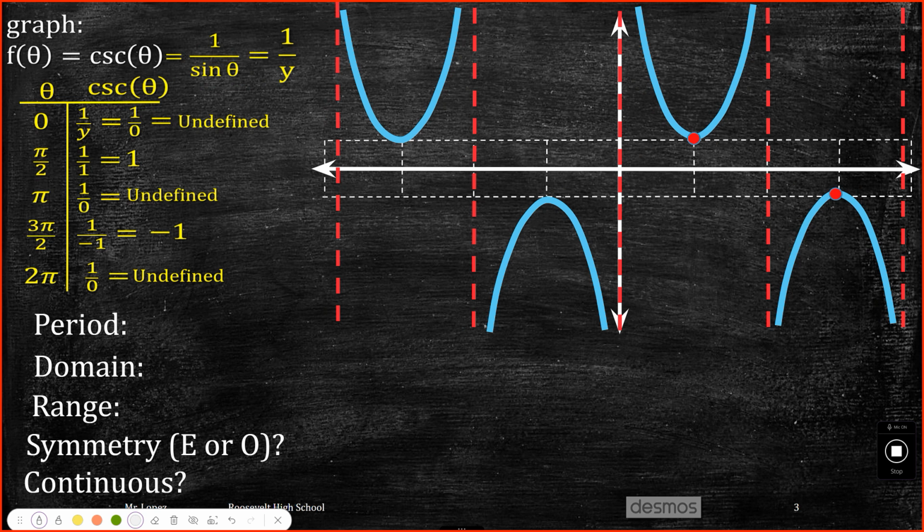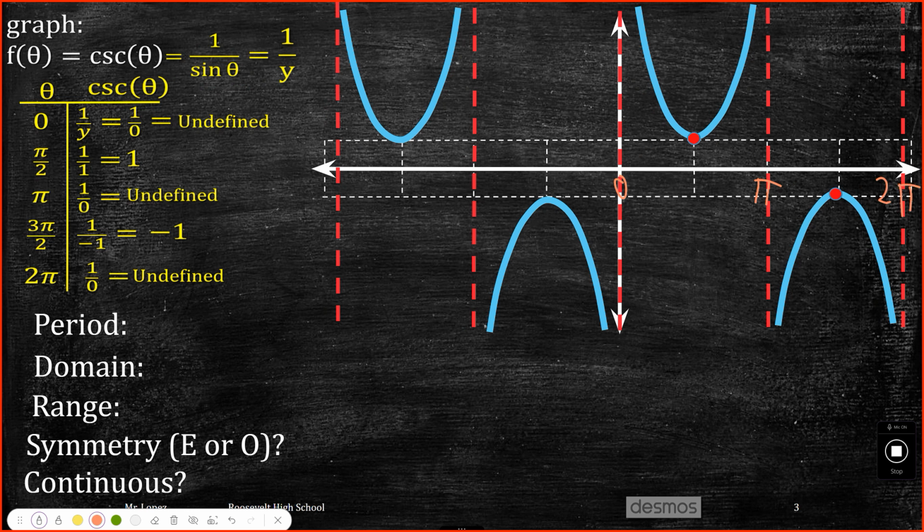What's the period of this function? Look. We already had this is 0, this is pi, that's 2 pi.